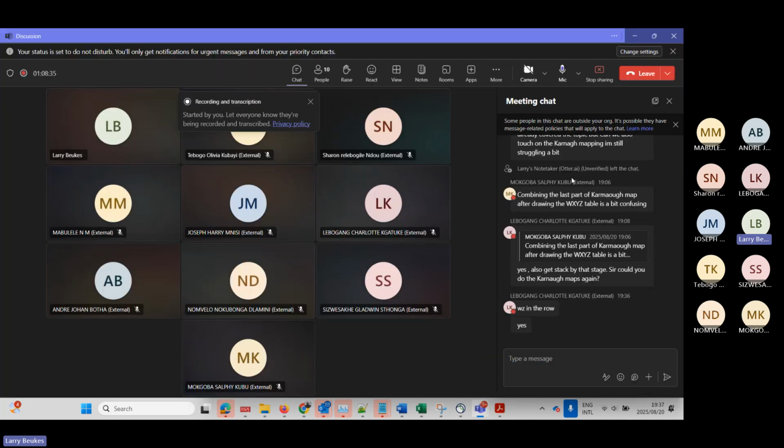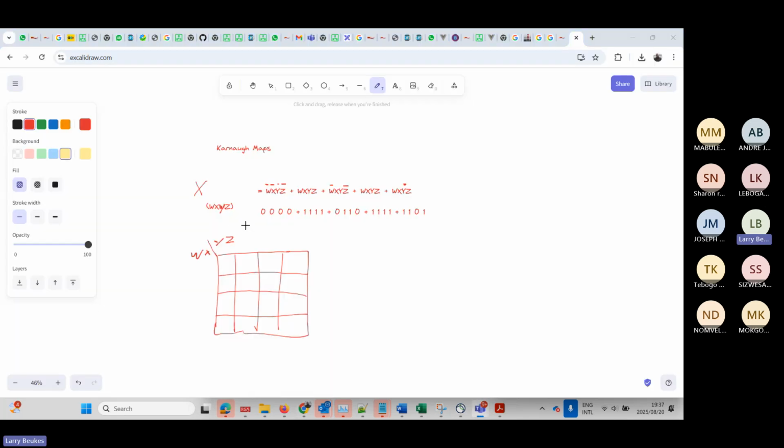Okay, perfect. So like this, we know that this is 0, 0 for WX, but let's number it for you: 0, 0, 0, 1, 1, 1, 1, 0. There's confusion, guys.